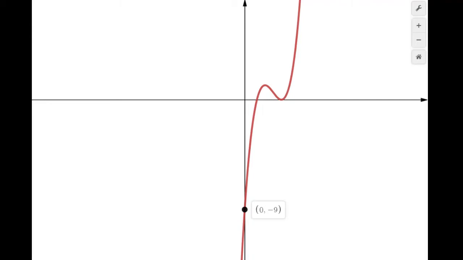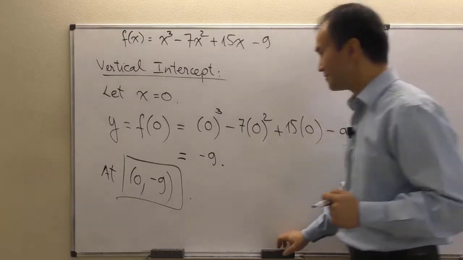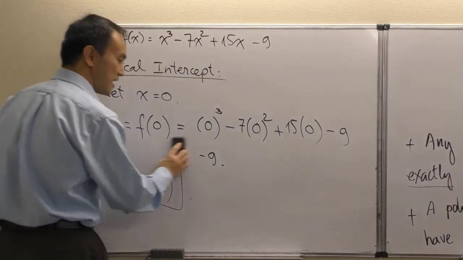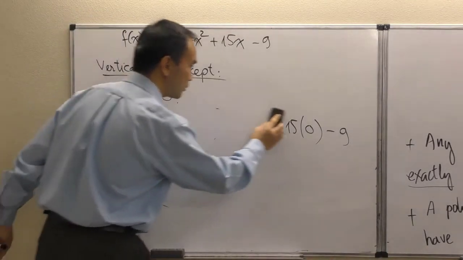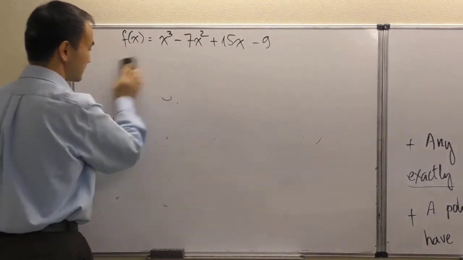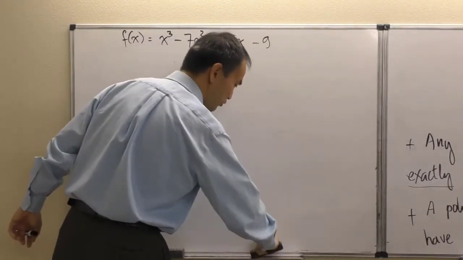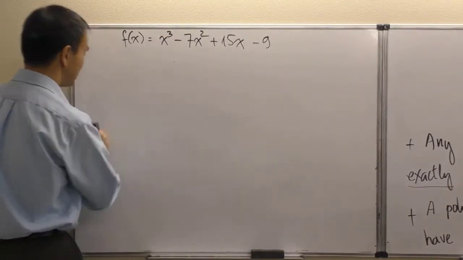This is what was on the graph here, 0, negative 9. All right. So now that we have concluded, that's really everything we need to know about the vertical intercept.